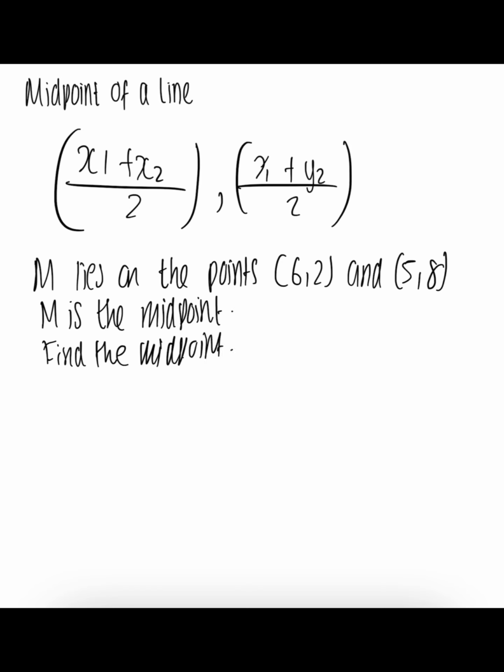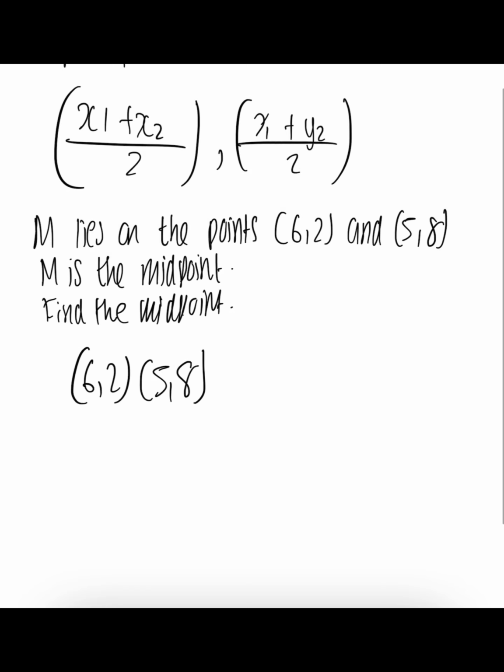Right, so we know that it's going to be between them where it's exactly divided by 2. So we have 6, 2. Oh, we're not looking for the absolute value, we're looking for coordinates, right? So we have x1, y1, x2, y2.